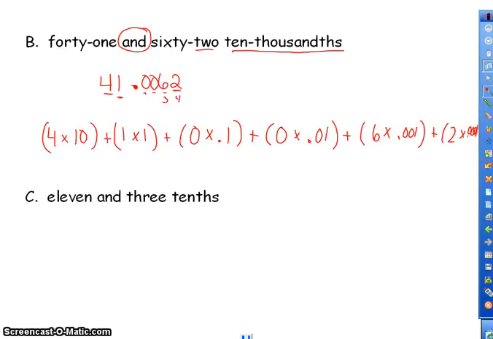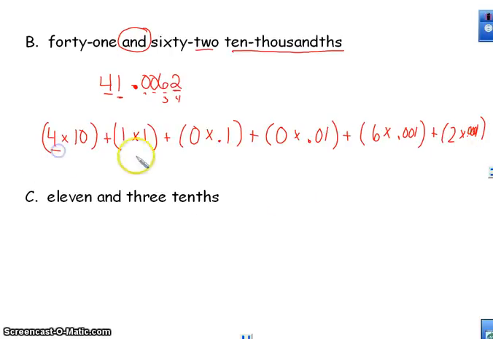Okay, so 3 zeros. So once again, the first number comes from the actual number in the sentence. The second comes from my place value. Okay, and now my last one here.